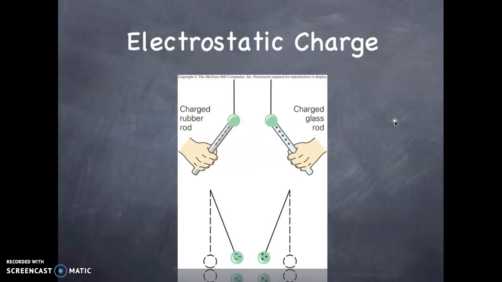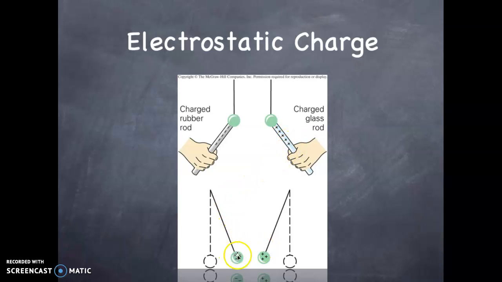What has happened is that you have a charged rubber rod that has negative charges from being stroked with fur, and you have a glass rod that has been stroked with silk. We find that when you stroke a glass rod with silk, you effectively put positive charges on that rod.